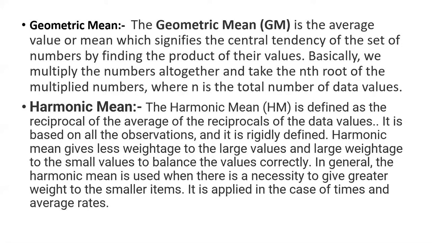This balances the values properly in a data set. In general, the harmonic mean is used when there is a necessity to give greater weight to the smaller items. It is applied in the case of times and average rates.